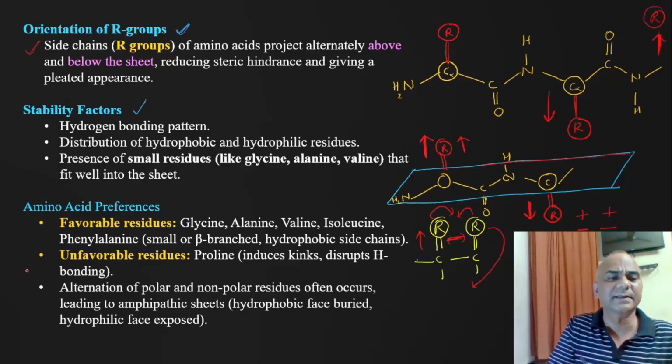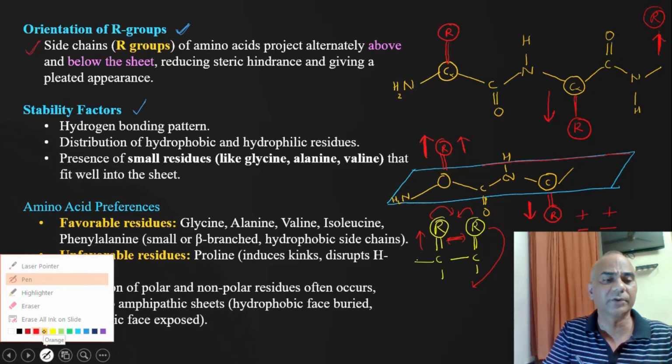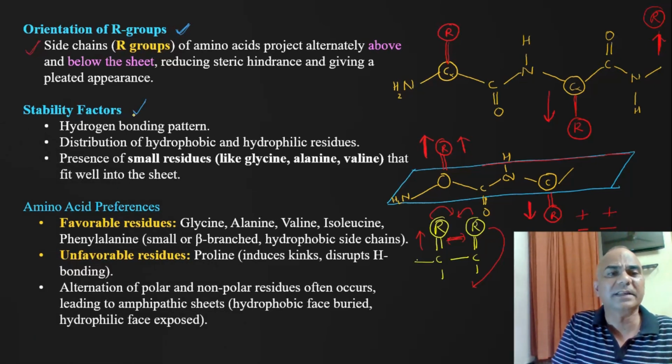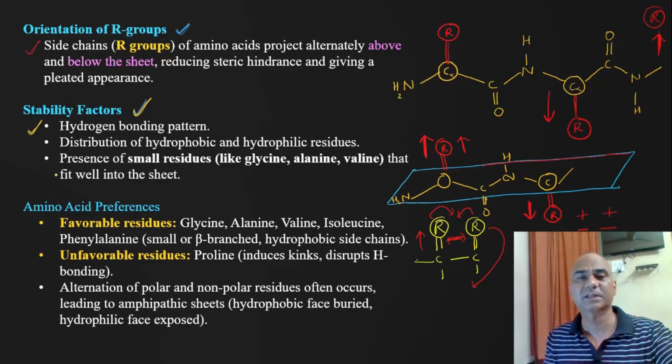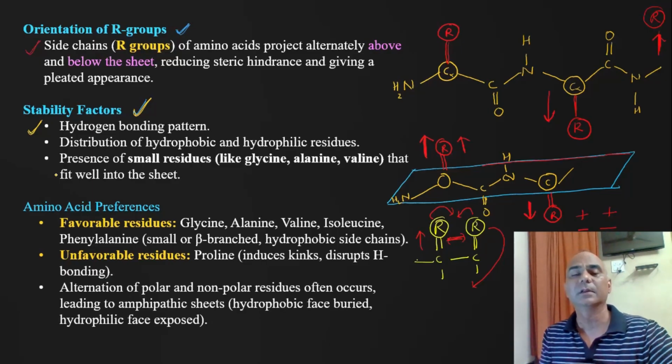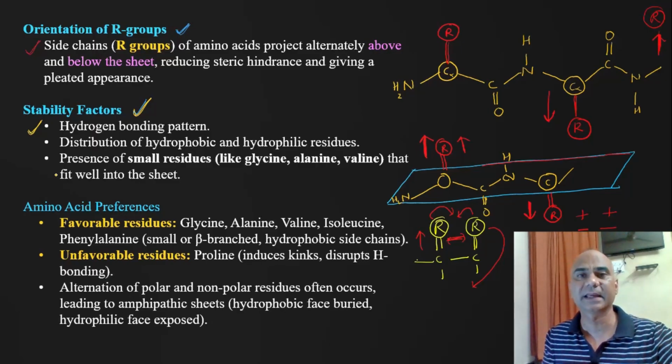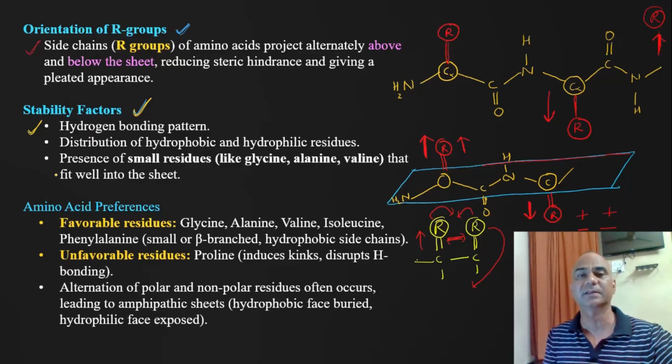So in this structure, I am going to explain the stability of the beta pleated sheet. The first important factor is the hydrogen bonding pattern. As I have already explained, the alpha helix is coiled around an imaginary axis and is held by many hydrogen bonds between the first and the fourth amino acid, similarly the second and the fifth amino acid.